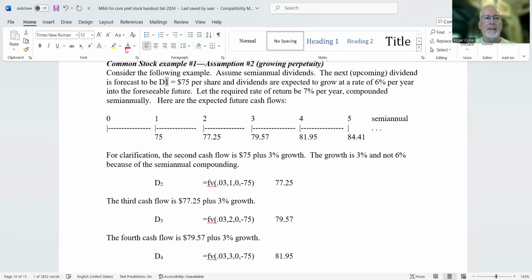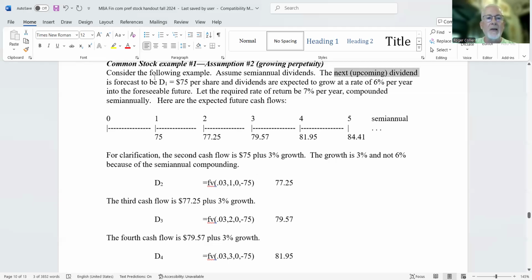Now, that's important. Remember that in the growing perpetuity, it's important that what we use is not the last dividend, the previous dividend, but it's the next, the upcoming dividend. And that's what I said, the next or upcoming dividend, right?